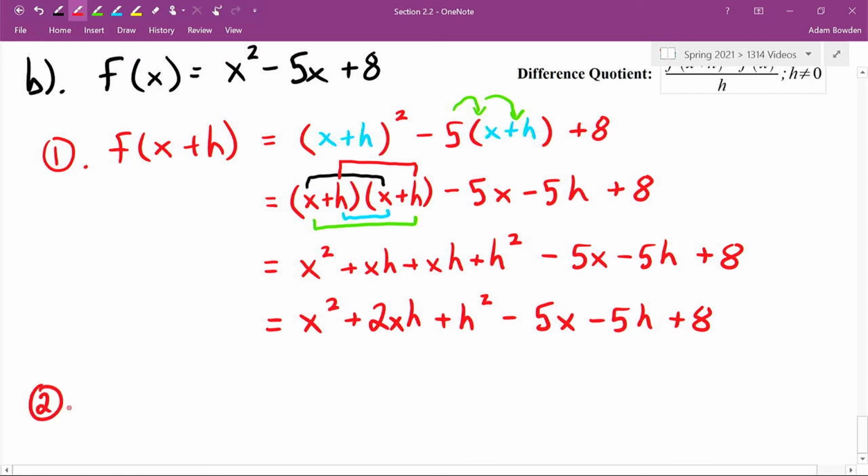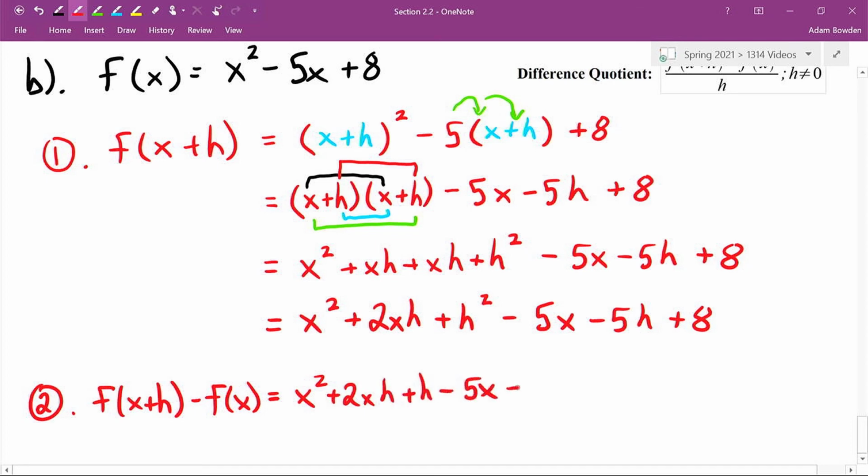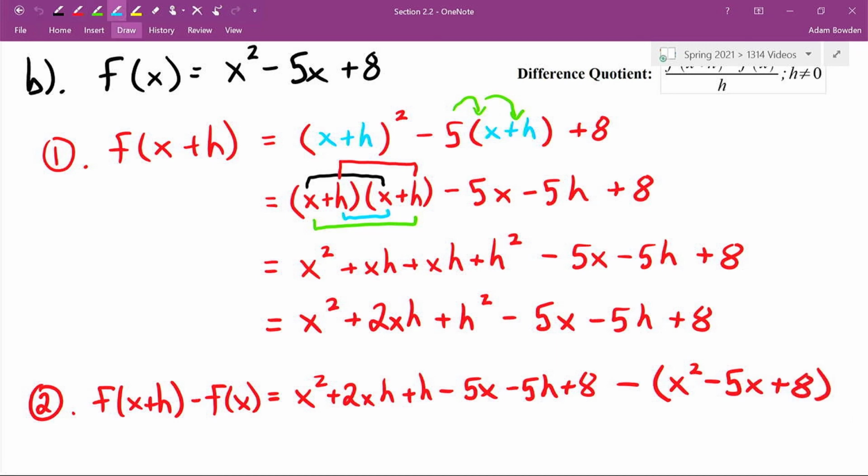Step 2, we're going to take f of x plus h minus f of x. So we're going to take everything from our last step here. We're going to subtract away the original function (x squared minus 5x plus 8). Notice how I kept it in parentheses.